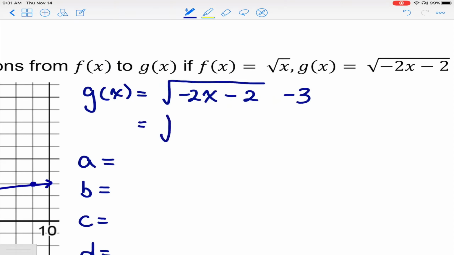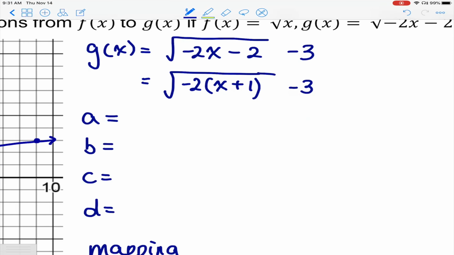Factor negative 2 out, do not touch anything else, just the inside only. Then negative 2 times (x plus 1). Remember, when you factor out, you're factoring whatever number is in front of the x. It doesn't matter whether it is a common factor or not. You just factor that out, like completing the square. The minus 3 is not affected by it, so it stays.